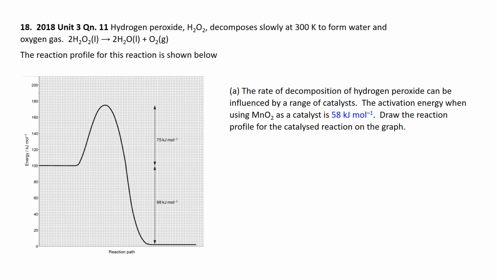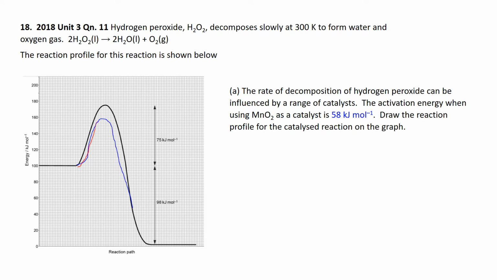And what they're looking for is for you to just draw a lower hump, right? So there is the hump when it's 58 kilojoules per mole, going from 100 up to about 158 as the activation energy. The better profile would be one that emphasizes not only is there a lower activation energy, but it comes because of a different mechanism.